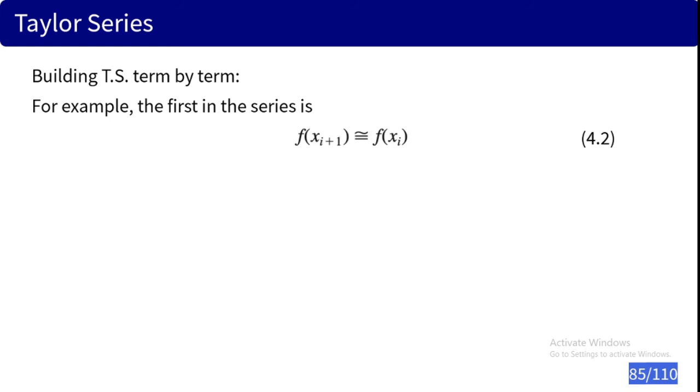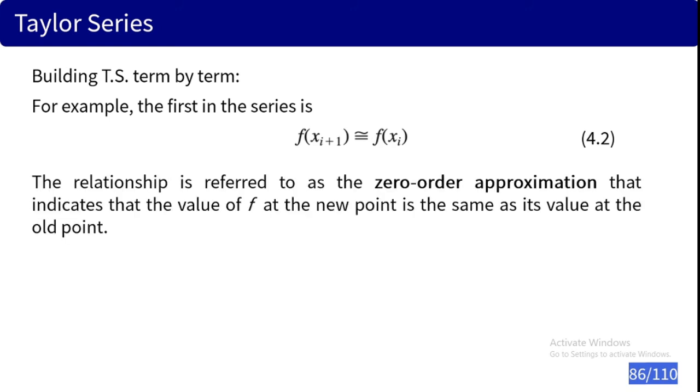Hence sa equation 4.2, the value of f of x sub I plus 1 is approximately equal to the f of x sub I. Okay. So this relationship is often referred to as the zero order approximation. That indicates that the value of the function f at the new point is the same as its value at the old point.